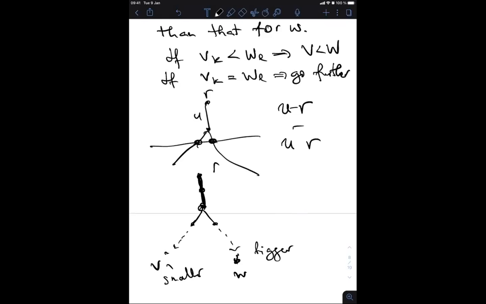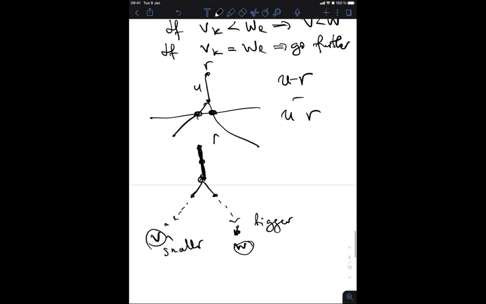So since V is a different vertex than W, at some point the path connecting V to R and W to R should split. And that's the essential point. We are looking at the moment when they split, which of the immediate children was bigger than the other one. And this defines which of V or W is bigger.